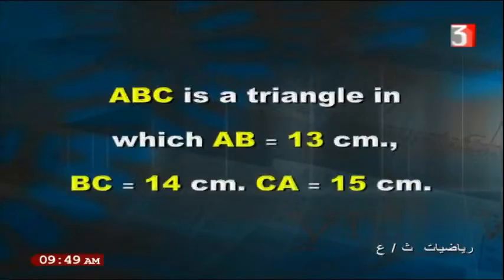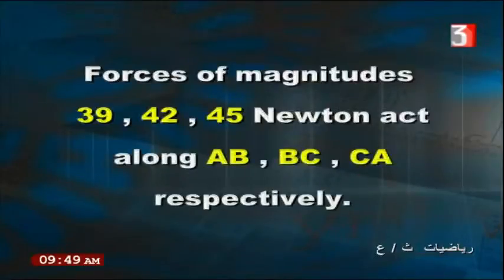Now we will move to another example. ABC is a triangle in which AB equals 13 centimeters, BC equals 14 centimeters, CA equals 15 centimeters. Forces of magnitudes 39, 42, 45 Newton act along AB, BC, CA respectively.